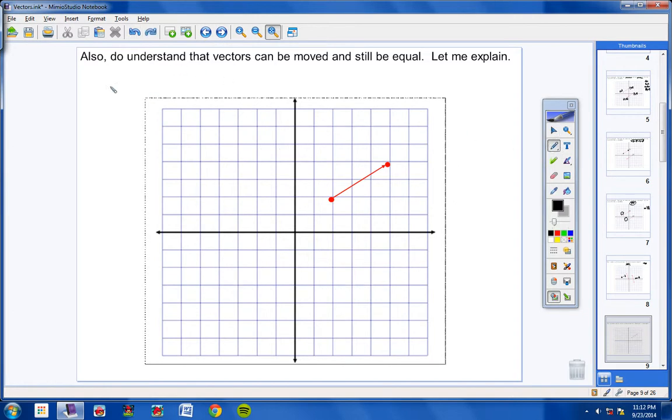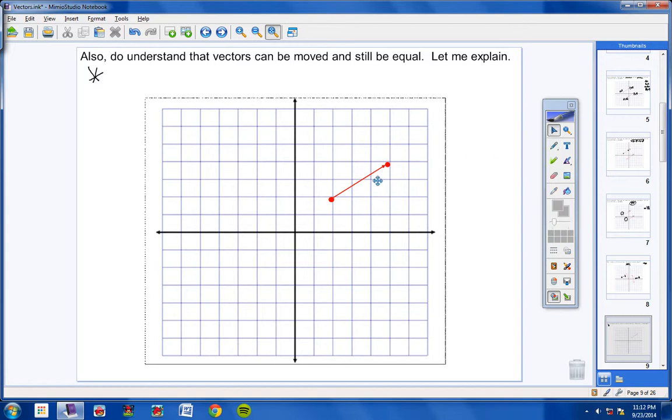Sorry, students, I would copy this in your notes. I'm going to wait just a second. Copy this in your notes. Vectors can be moved and still be equal. And of course they can. That's very obvious, okay? Copy that down, please. Vectors can be moved and still be equal.